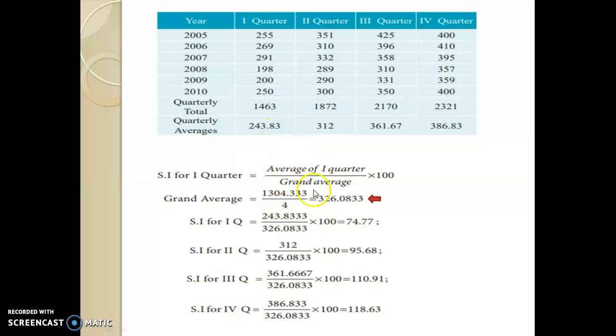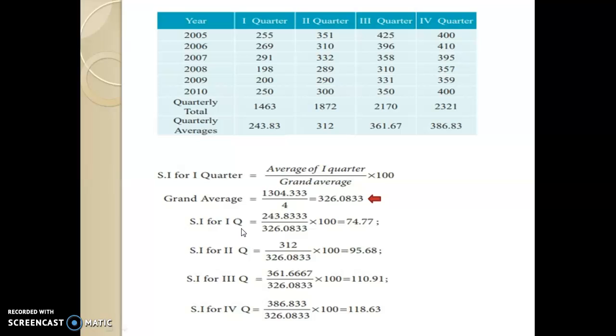As per the procedure, the grand average is 1304.33 divided by 4, which becomes 326.833.